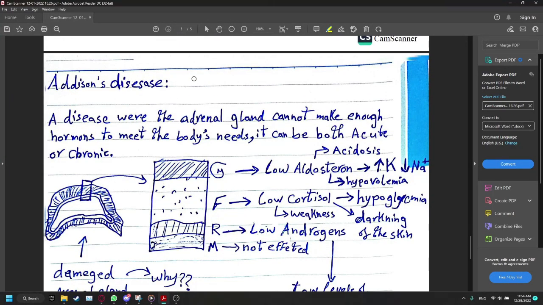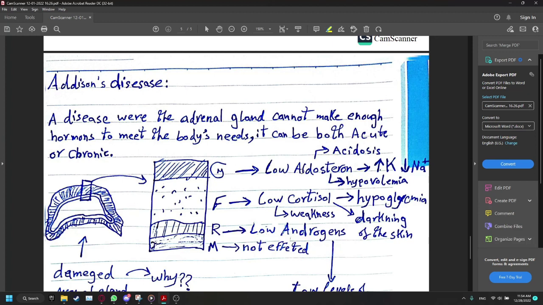So Addison's disease. What is Addison disease? Addison disease is basically when you have low levels of cortex hormones. Obviously, we know the cortex hormones, we already talked about it. The cortex produces these hormones, and when you have Addison disease, it basically means you have low levels of hormones that come from the cortex here.